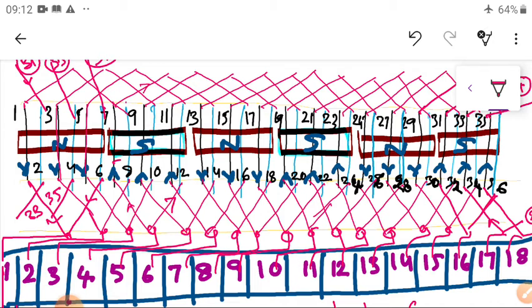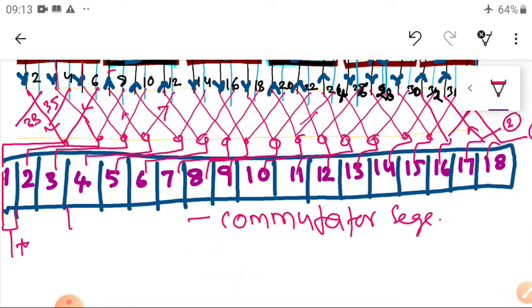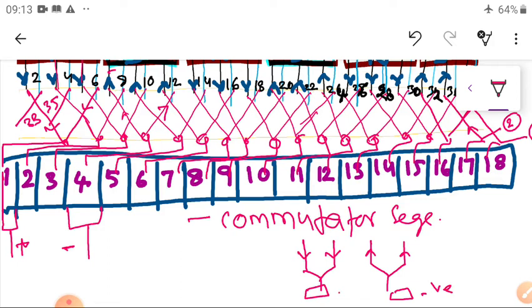Here it is connected to the 4th slot. Now you can see this connection is taken as negative. So a coil with both directions downwards is taken as positive, and a coil with both directions upward is taken as negative. This is a negative, this is a positive.